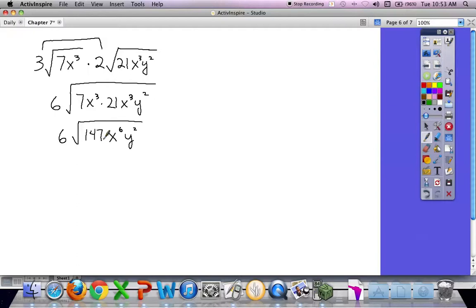So we need to think of the largest perfect square, if there is one, that divides evenly into 147. If you go down the list of the perfect squares, which we did on a previous slide, you would get to 7 squared equals 49. And if you check it out, 147 divided by 49 equals 3.